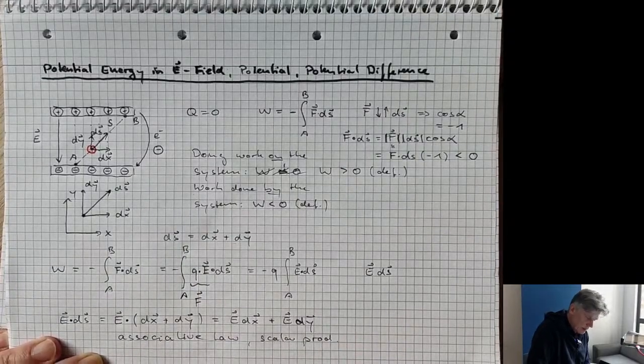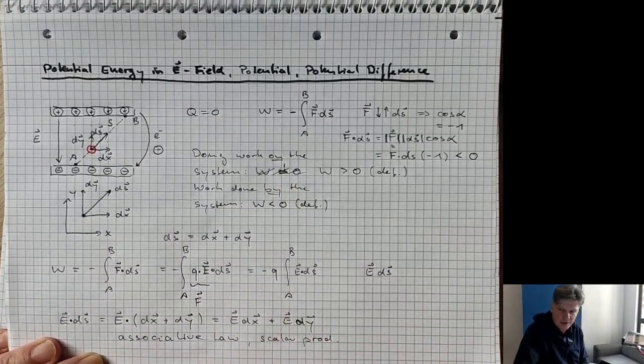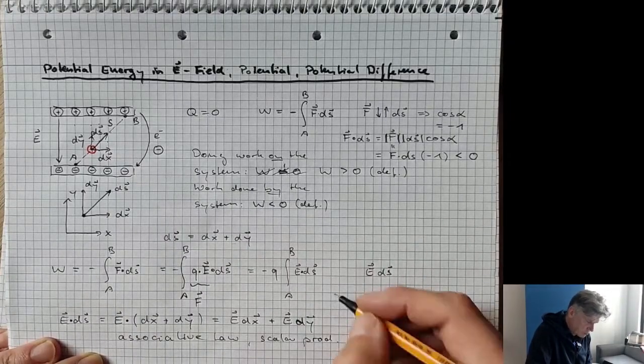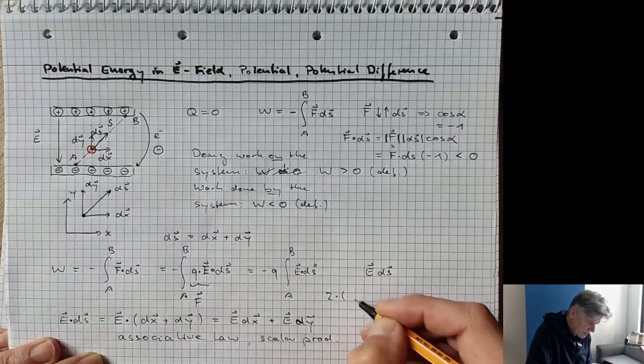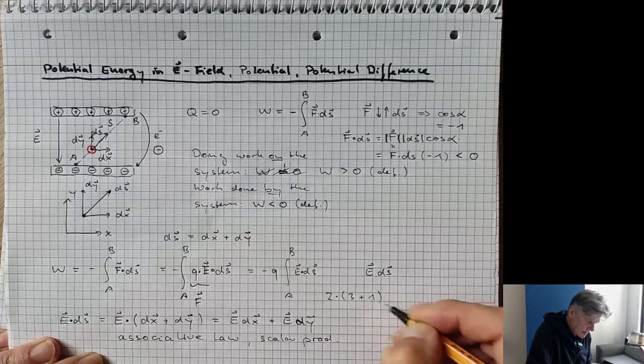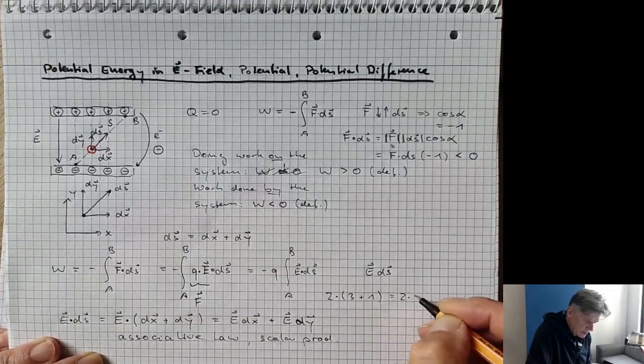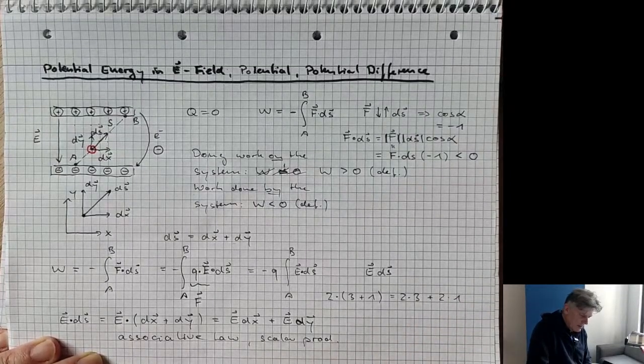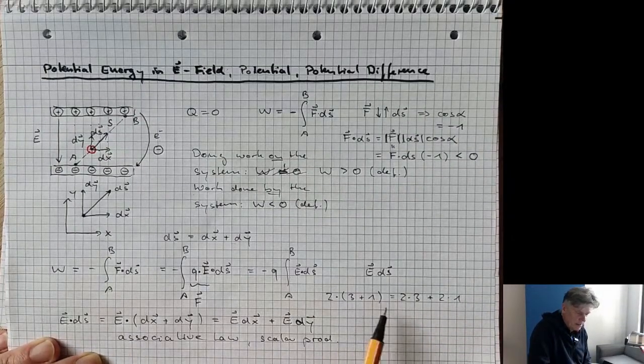So you know this from classical math, from calculus, that when you say, okay, I have a number, I don't know, 2 times 3 plus 1, then this is identical to 2 times 3 plus 2 times 1, right? So that's the idea of this law, and it works.